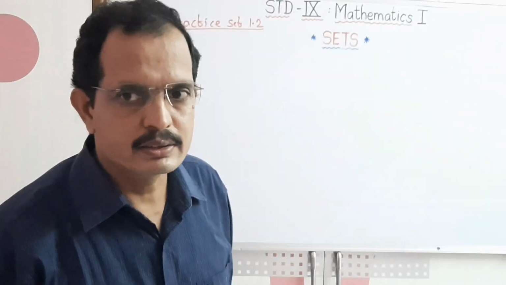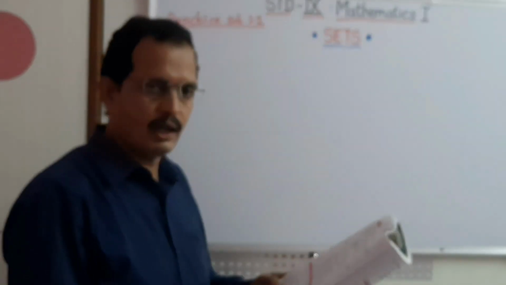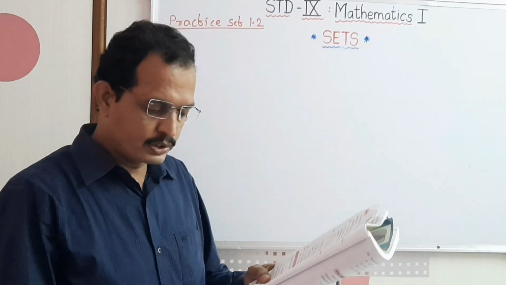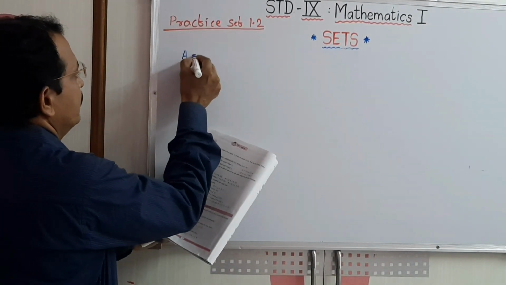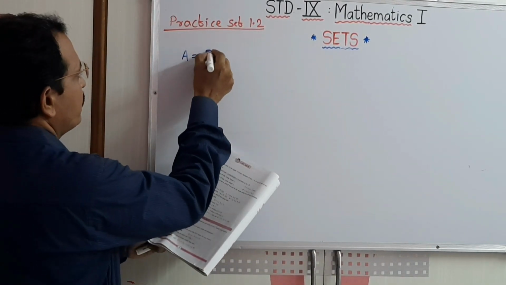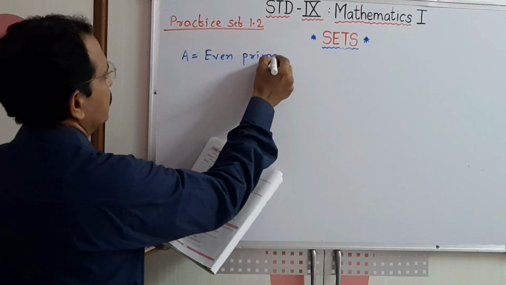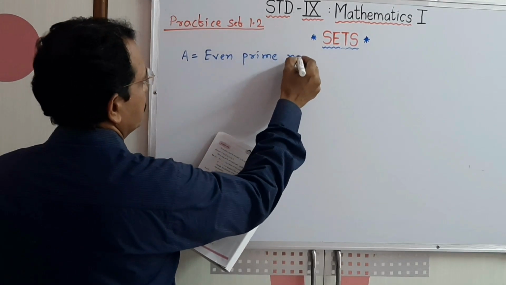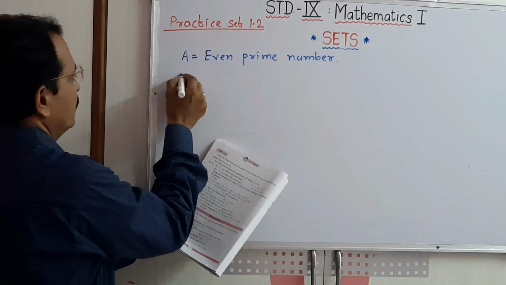Let's see the next sum. Decide whether set A and B are equal sets. Give reason for your answer. Set A equal to even prime number.